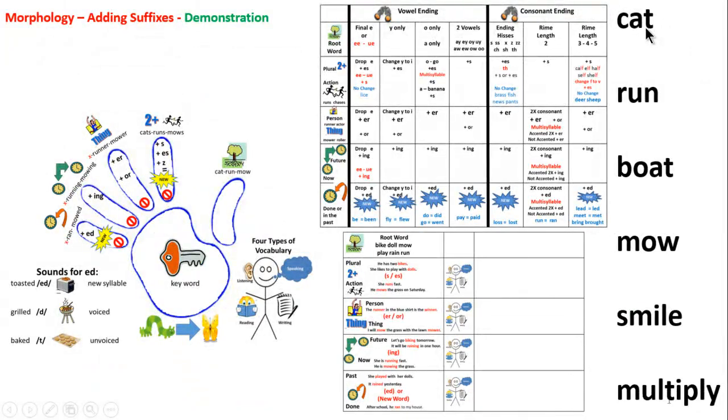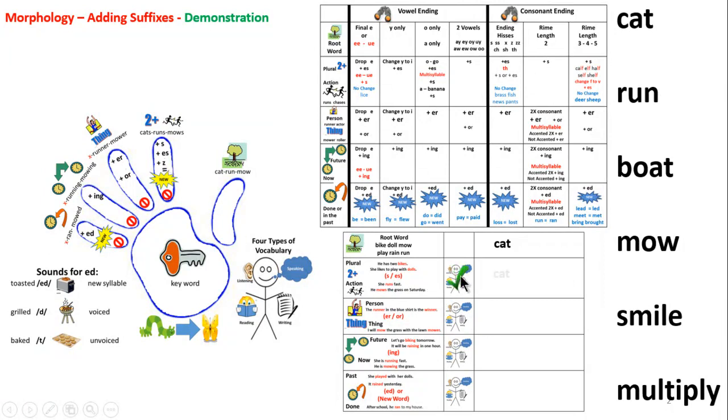For this demonstration, I've combined all 3 pages of the hand, the matrix, and the worksheet. So let's take a look at the word cat. So here's our base word, our root word. So can we add a s to it, cats?